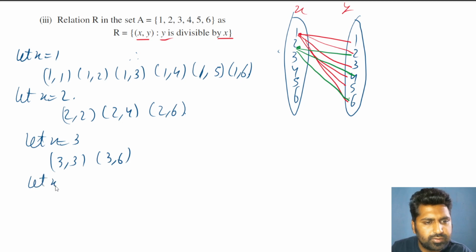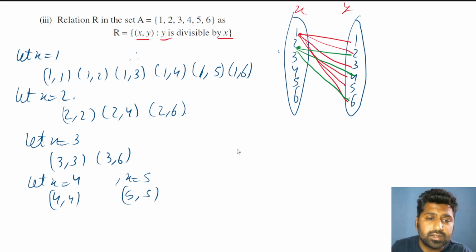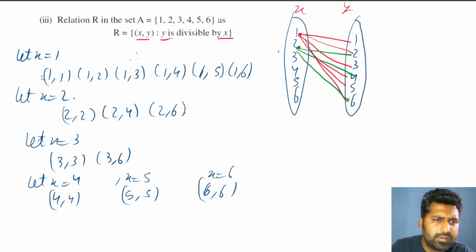If x is 4, which number is divisible by 4? Only 4, so 4 comma 4. Same with 5 also. Only 5 is divisible by 5 in this set. And if you take 6, so 6 comma 6. So these are all the relations that satisfy this condition, y is divisible by x.